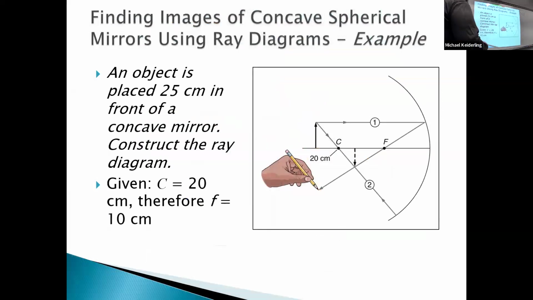So here, if you have an object placed 25 centimeters in front of a concave mirror and construct the diagram, you're given C is 20 centimeters and therefore F is 10 centimeters.